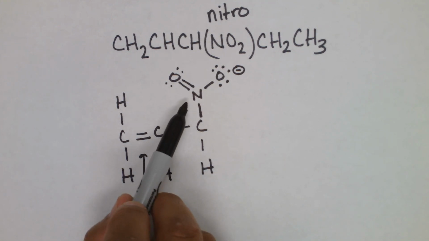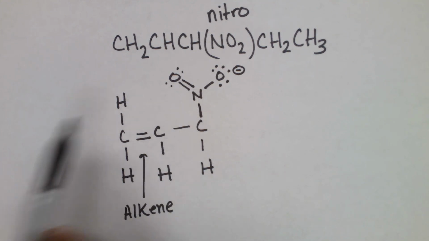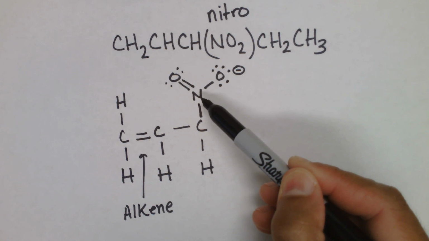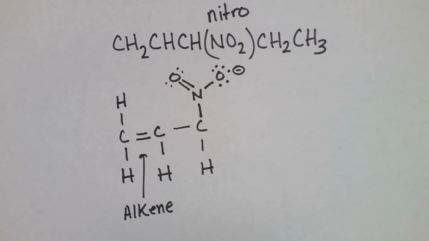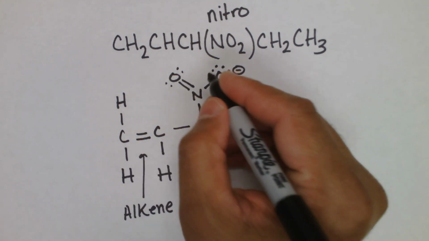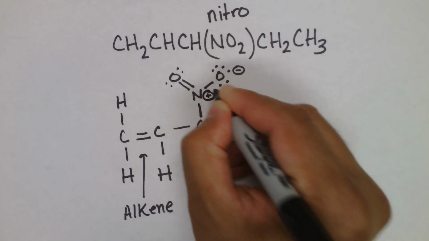Also, the common bonding pattern for nitrogen, as we've seen in this video, is 3 bonds and 1 lone pair for neutral nitrogen. Well, you can see here this nitrogen has 4 bonds and no lone pairs. It's still satisfying the octet rule, but it doesn't have that bonding pattern of neutral nitrogen. That's because this nitrogen is not neutral, and the formal charge for nitrogen with 4 bonds and no lone pairs is a +1.